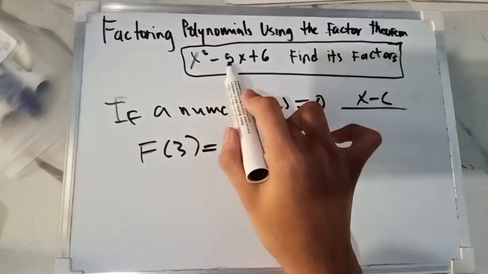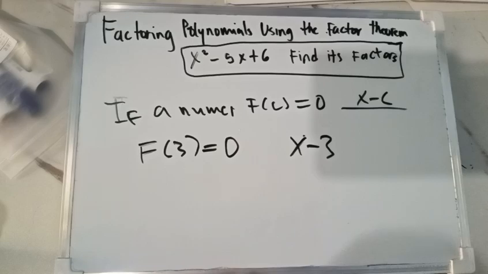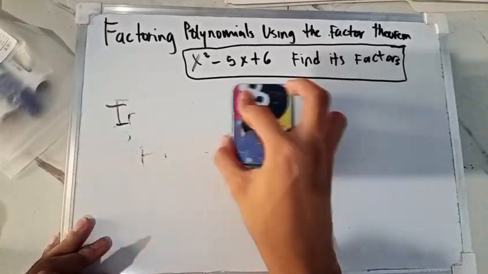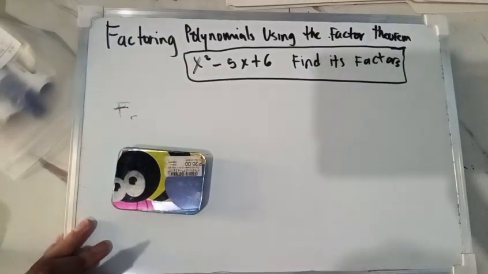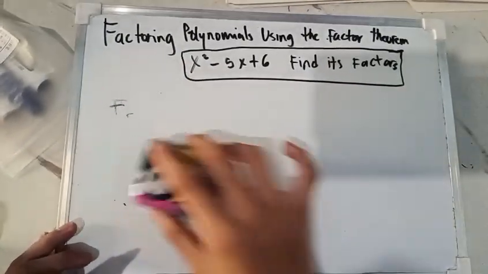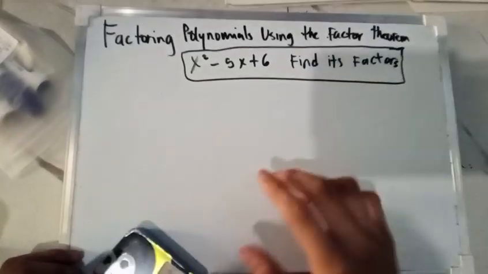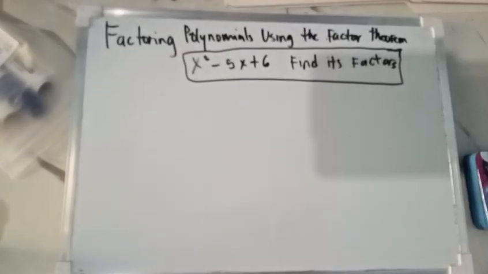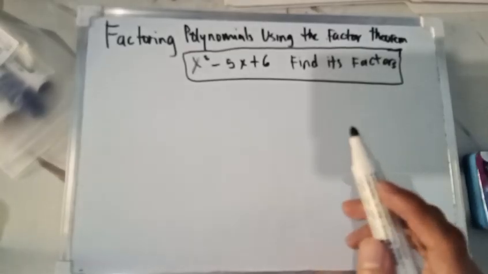Okay, so let's solve x squared minus 5x plus 6 using the factor theorem. There are 4 steps that we need to do in order to derive its factors. First, we must divide the constant by the leading term.